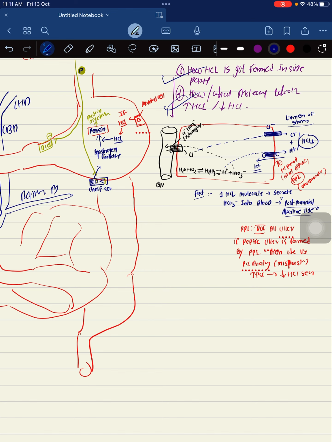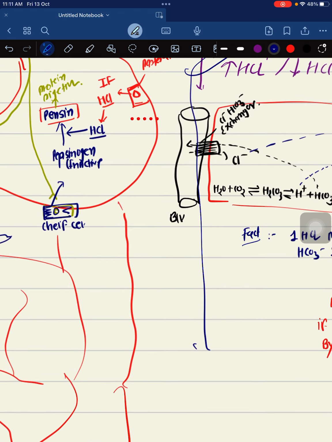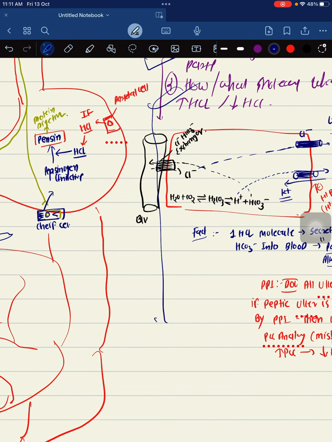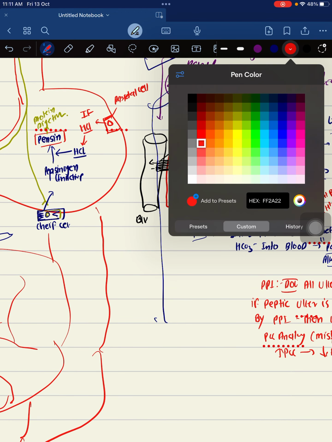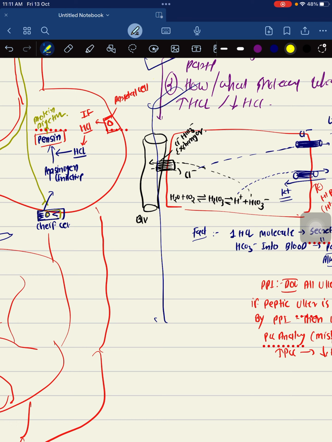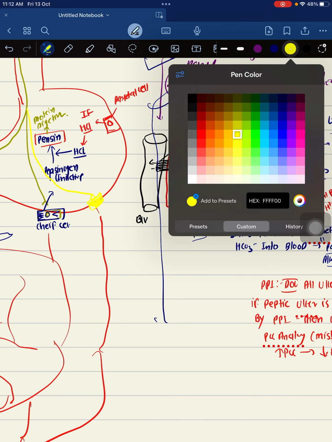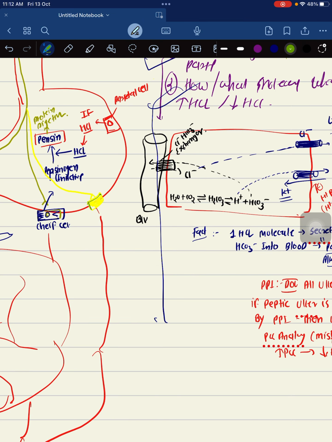And the second one is how this is regulated. The parasympathetic nervous system also stimulates the enterochromaffin cell.